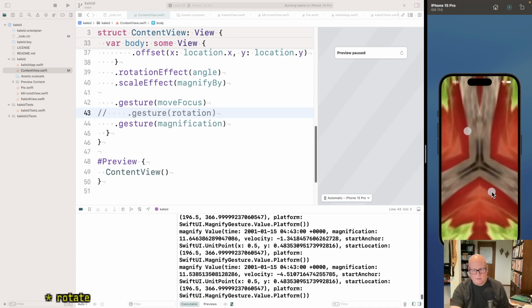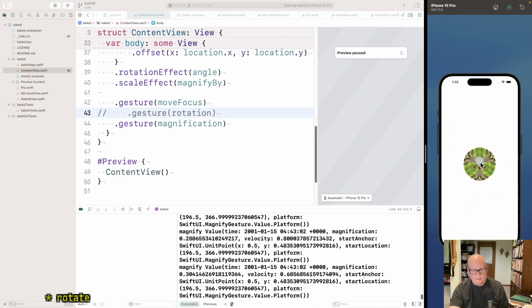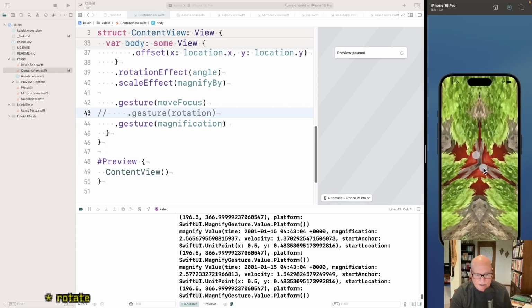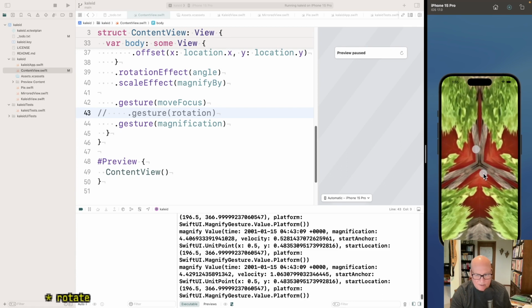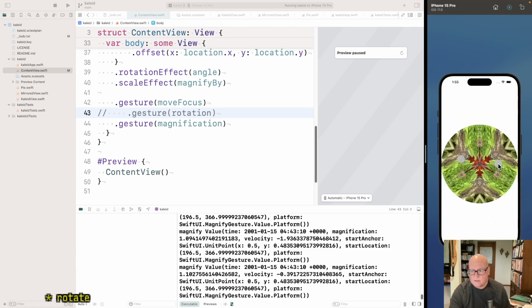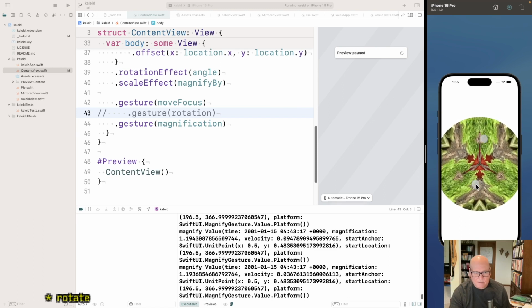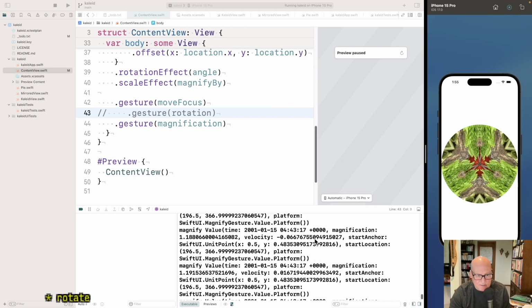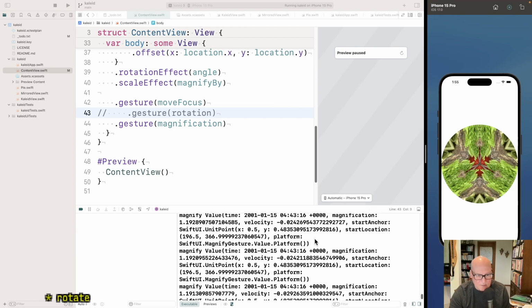And start anchor and start location don't change. But I don't seem to be getting the current location. Okay, so now I'm going to start them again. 196. I don't know. It's always 196.